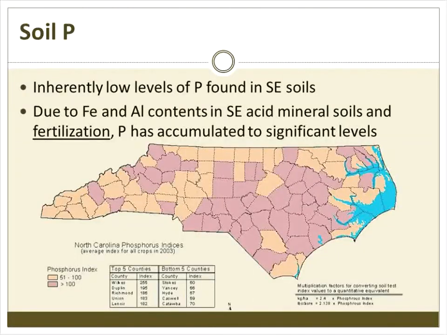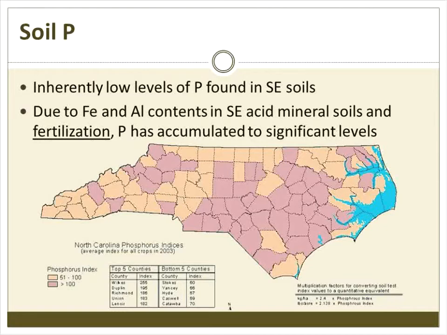Now, let's think about North Carolina for a minute, because that's where we're located and we're really interested in. Typically, our southeastern soils, high in iron, high in aluminum, have this tremendous ability to hold on to that phosphorus, to pull it out of the soil solution and bind it up in those stable soil systems.